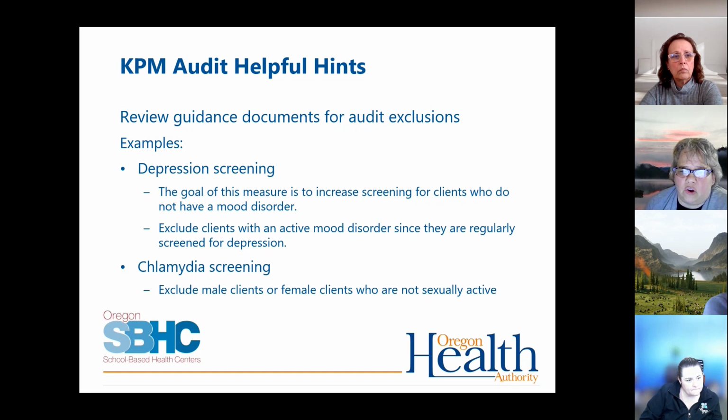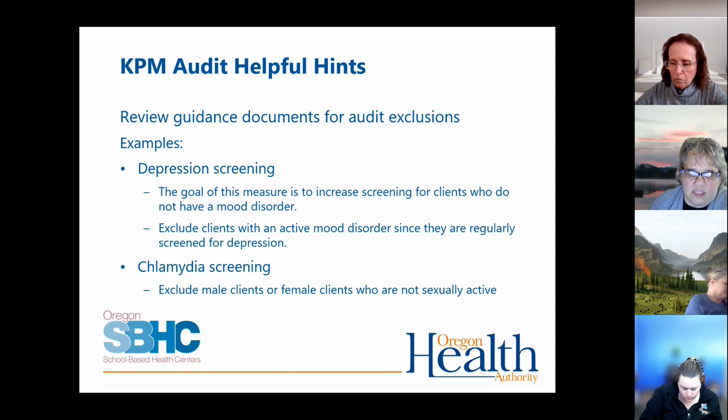And then chlamydia screening. While we know it's really important to do chlamydia screening on male clients, the current key performance measure is just on sexually active female clients. Not to say we don't want you to be screening your male clients, but for the purposes of the audit, it's just female clients who are sexually active.